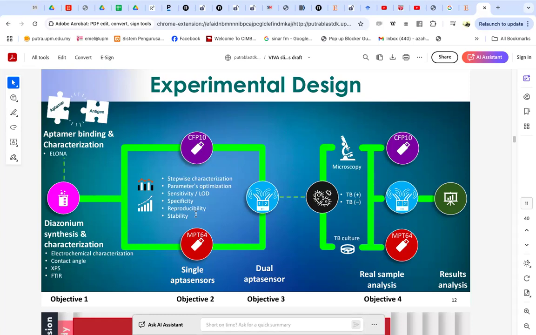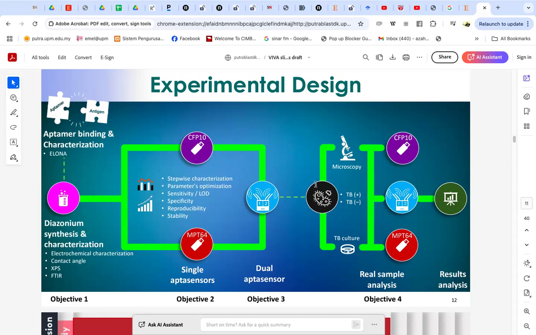Okay, so the one that I didn't mention just now is the accuracy. Remember, I didn't mention the accuracy. Accuracy is usually what we call validation. So what does it mean by validation? Since we are doing TB, tuberculosis, we have to validate whatever sensors we are doing with the standard technique.